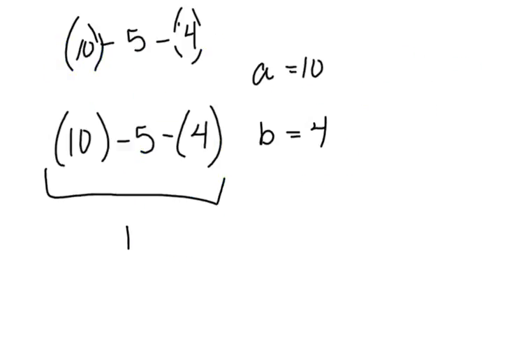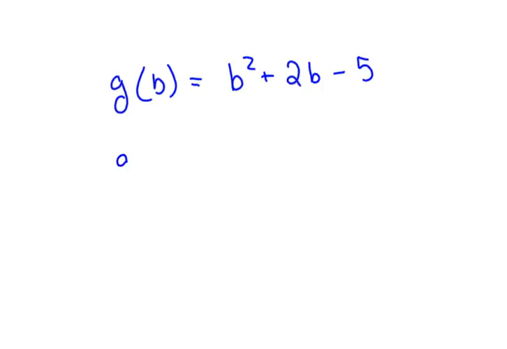So, with me having said that, let's talk about maybe I give you this. g of b is equal to b squared plus 2b minus 5. And I want you to tell me what g of negative 3 is.